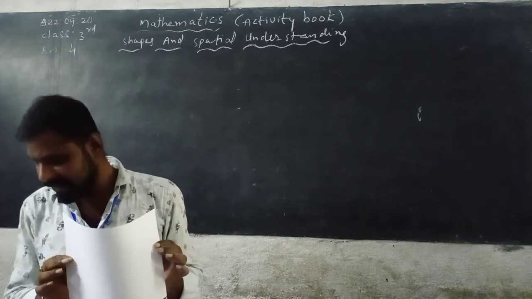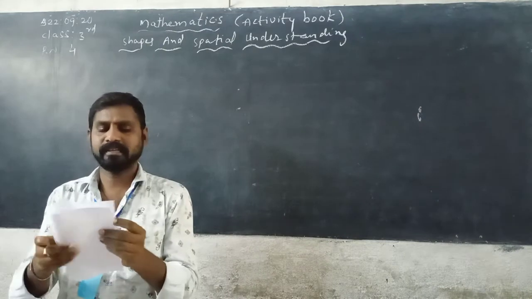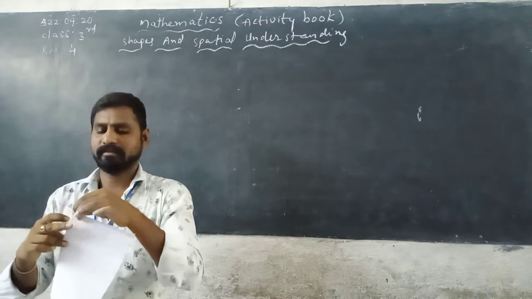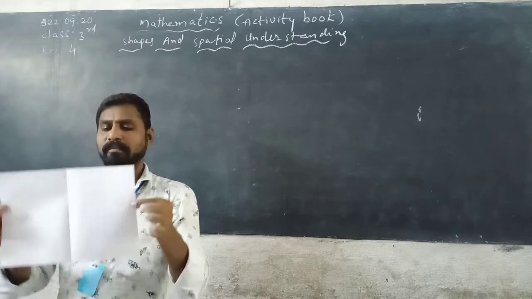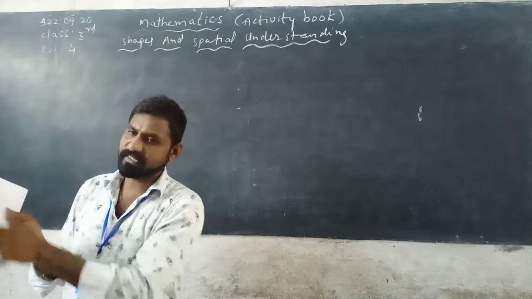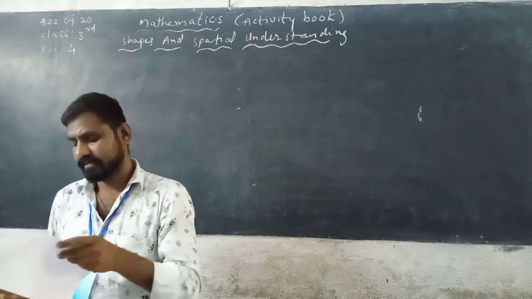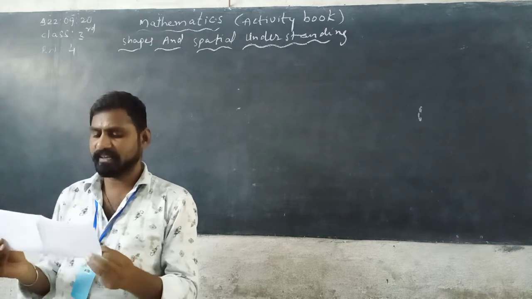Fold the paper and cut it along the diagonals. See here. See, the opposite sides are equal in length. These opposite sides are equal in length.